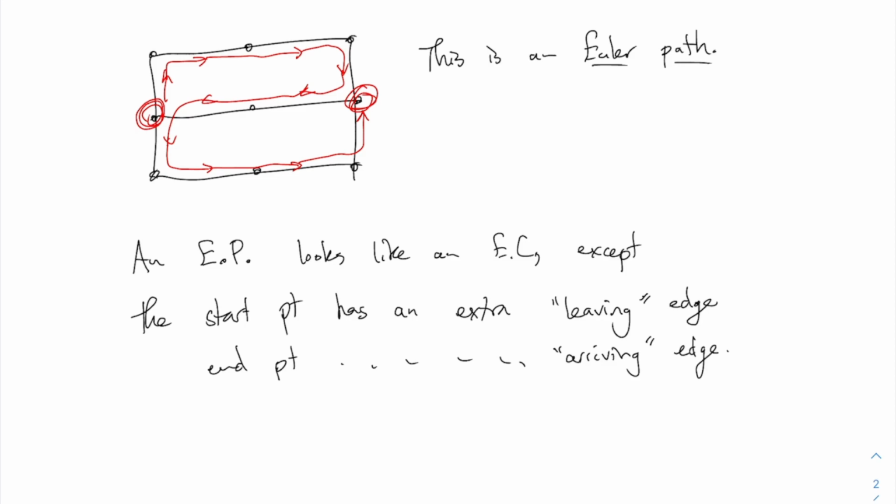So the starting point has an extra leaving edge, and the end point has an extra arriving edge. So as far as the evens and odds goes, what this means is they're all going to be even except for the starting and ending point, which will be odd, right? The starting and ending point each have an extra edge, but all the other ones are still going to be even.